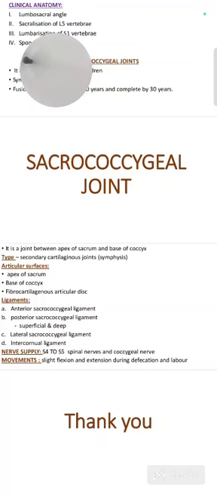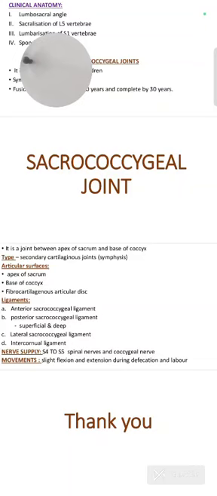Both of these are triangular in shape, so each has a base and an apex. The apex of the sacrum articulates with the base of the coccyx. That is, the apex is nothing but the inferior surface of the fifth sacral vertebra, and the base of the coccyx is nothing but the superior surface of the first coccygeal vertebra.